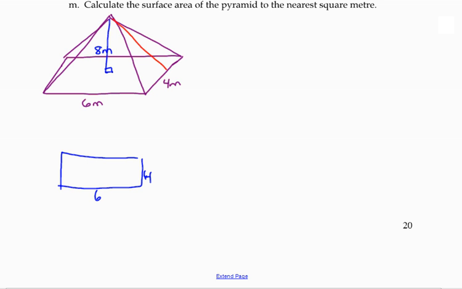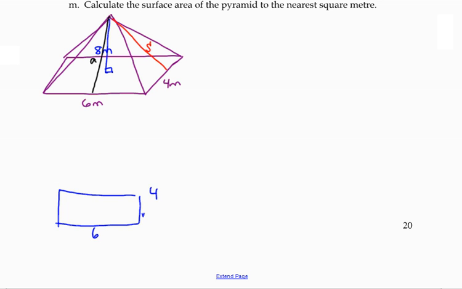We're going to always call this one S. Sorry, Nadia, I'm just going to draw this first really quickly. This one here is A. So 8 and A are not the same, and the 8 is not going to show up in our net. The reason is that's our vertical height.